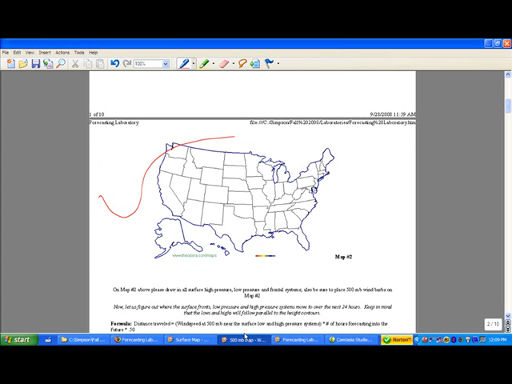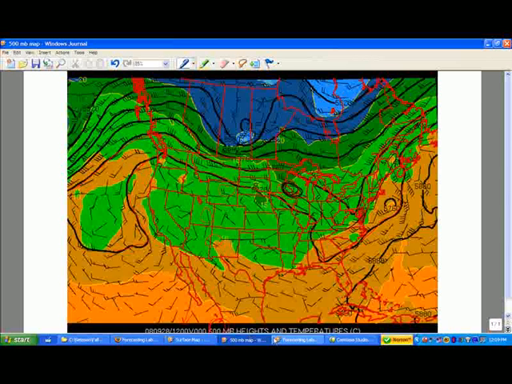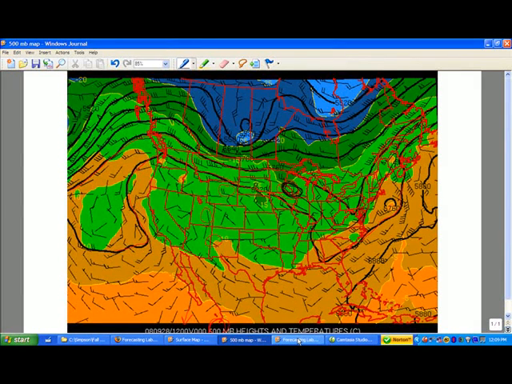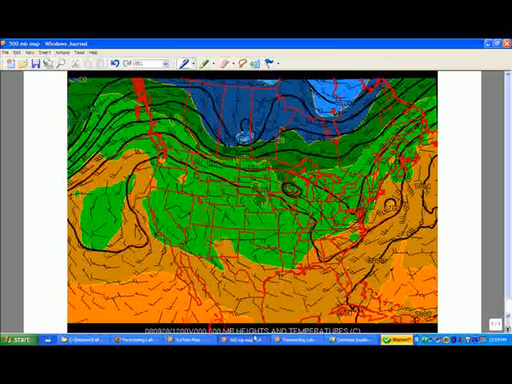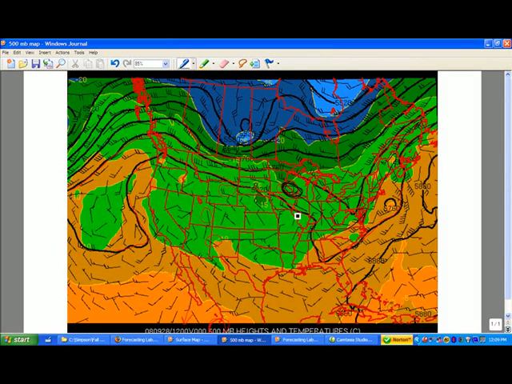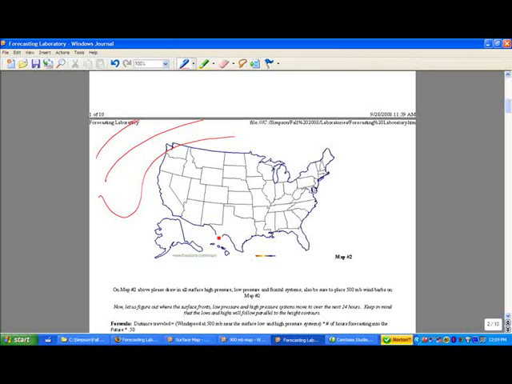And again, I just have to have a rough drawing of it. Constantly going back and forth between the two maps just to make sure I get this correctly drawn. Notice I'm just drawing in some lines here. I'll look back at my 500 millibar map and see how here's one that goes right through central Iowa.